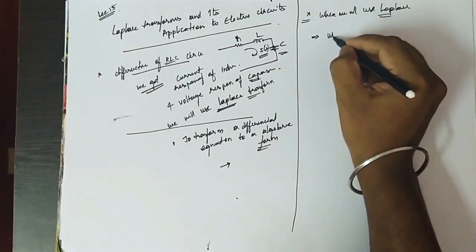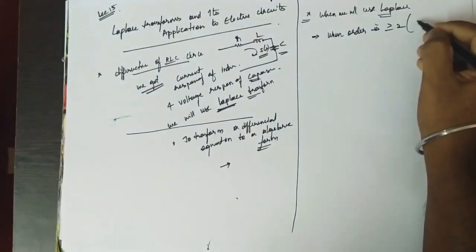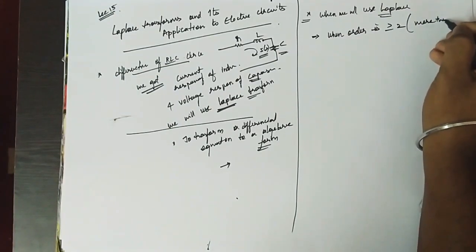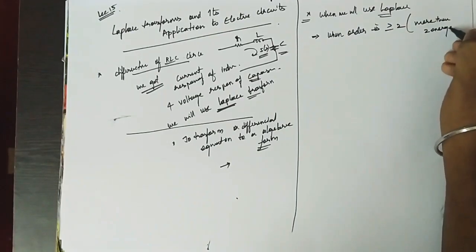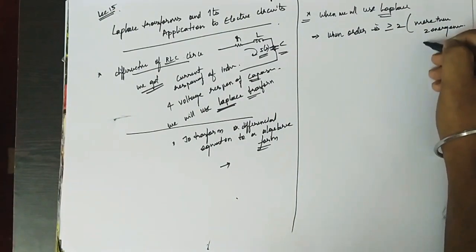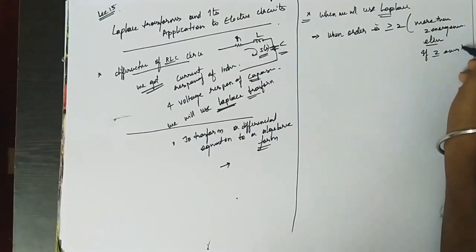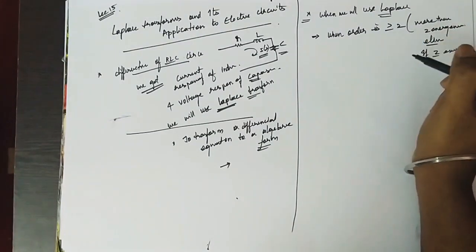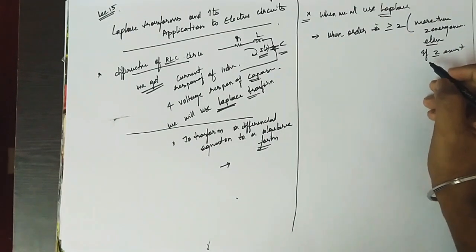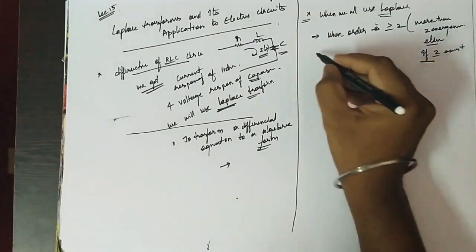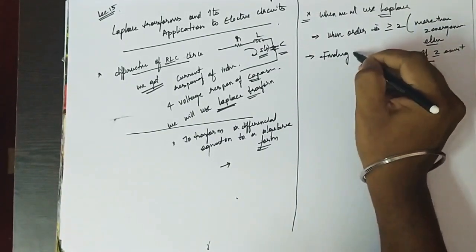So when the order is greater than or equal to 2, that means 2 or more energizing elements exist, we'll use Laplace. Even though you have one energizing element, you can use Laplace. We'll see that later. And finding time constants.